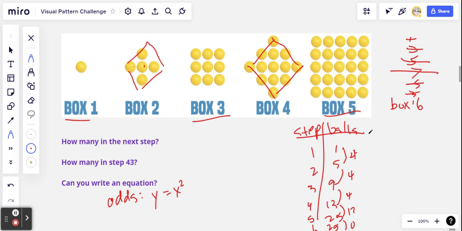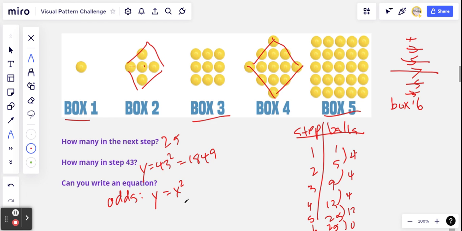Now we've already made a prediction for box number 6, that's 25. And for step 43, we've got y equals 43 squared, and that's just 1,849.